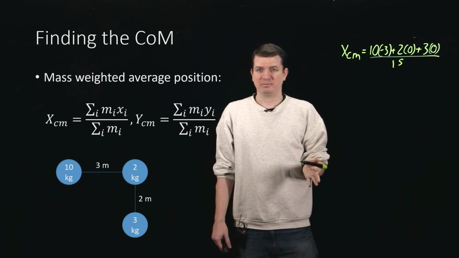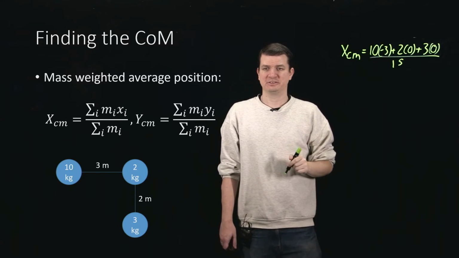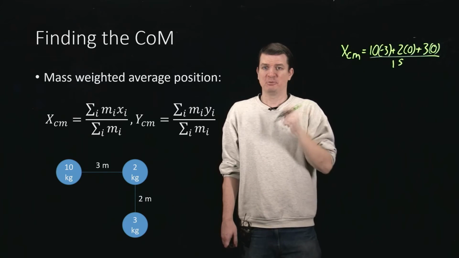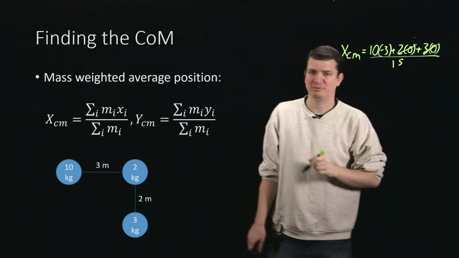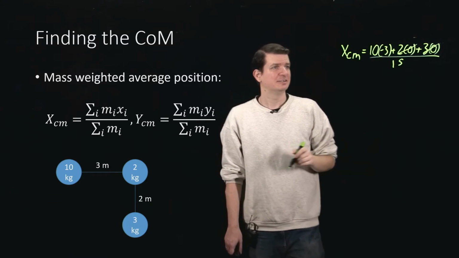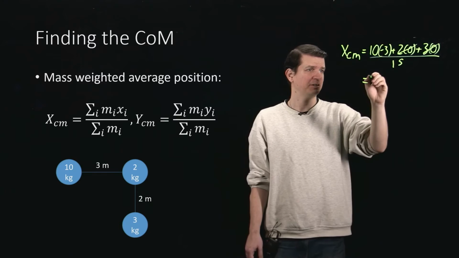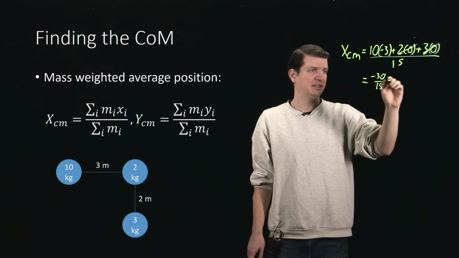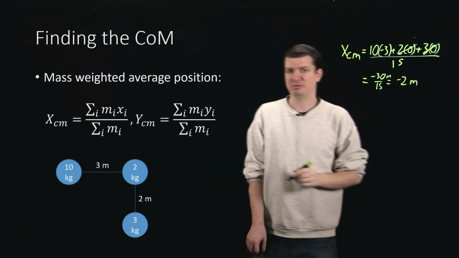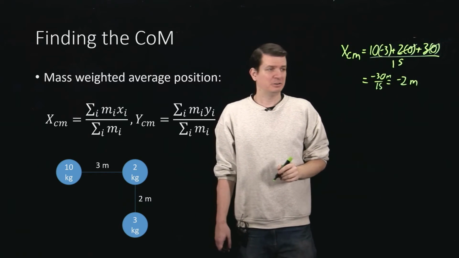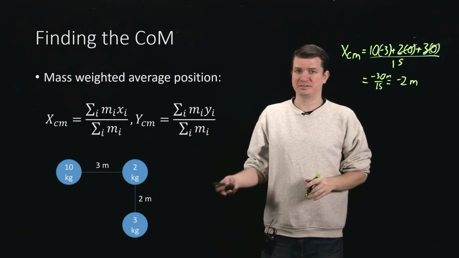And you can see, hopefully, why I've chosen the 2 kilogram mass to be the origin, because by doing so, I've knocked out 2 of the masses from this x calculation. So it made my life much easier. I'm just looking at negative 30 on 15, which is, of course, negative 2 meters. I'm just carrying over my units. So as far as the x-coordinate is concerned, we're done.